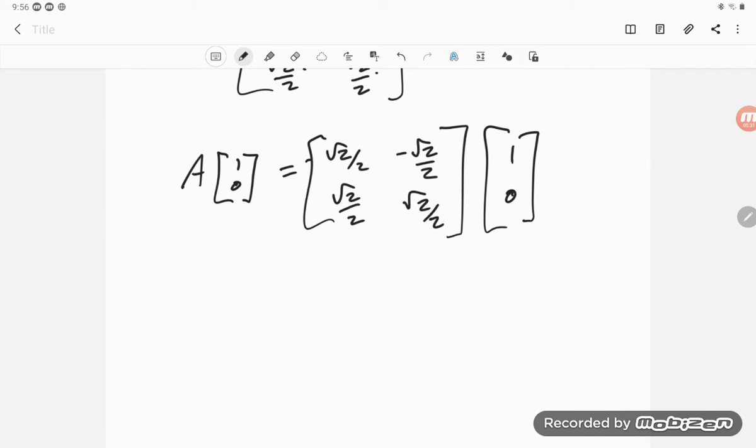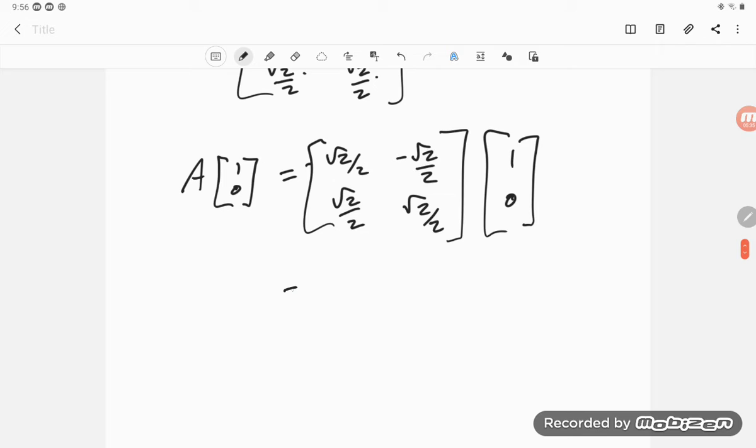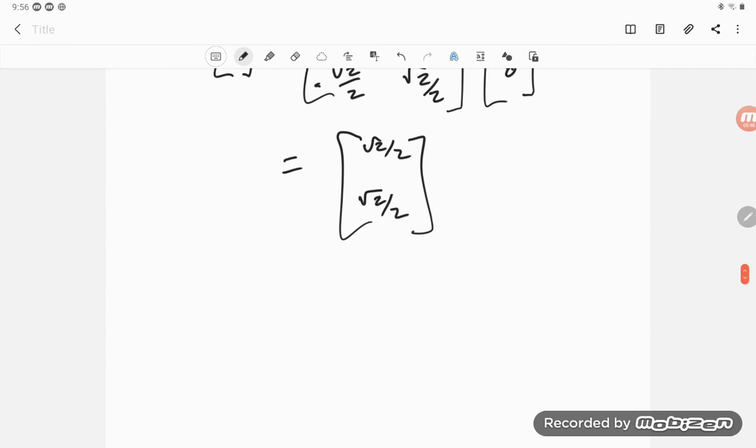Because I take the first row dotted with 1, 0, and I get square root of 2 over 2, and then the second row dotted with 1, 0, and I get the square root of 2 over 2. And so, yep, there's my xy point, square root of 2 over 2, square root of 2 over 2.